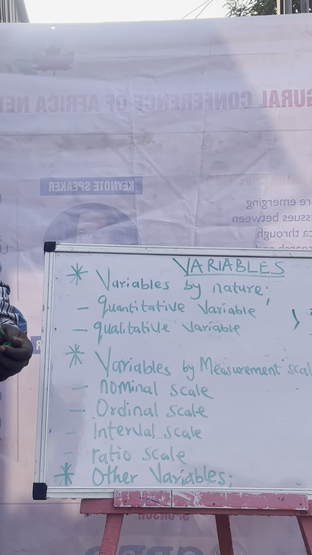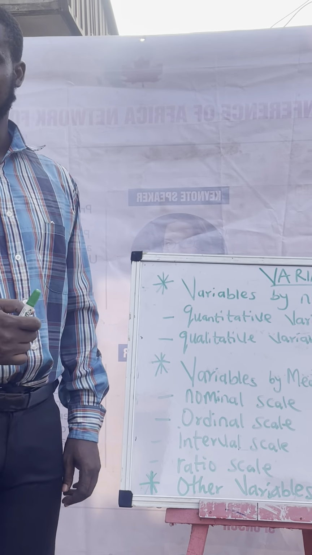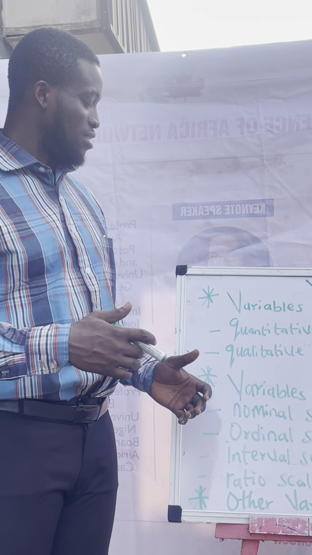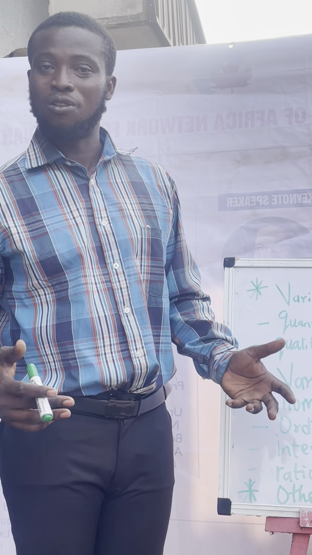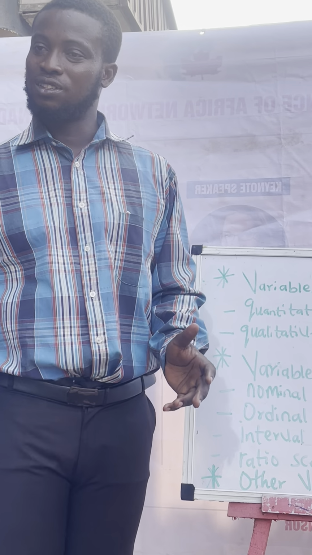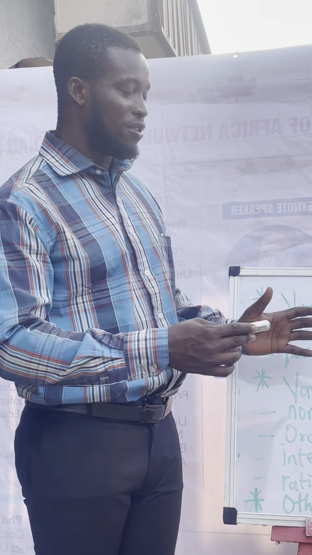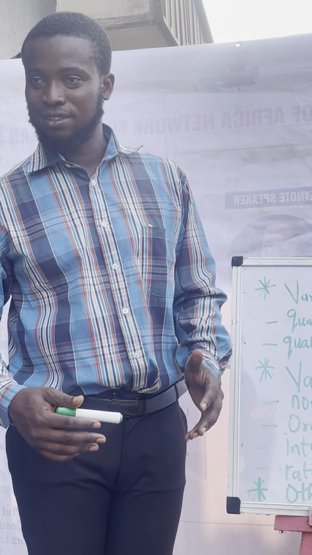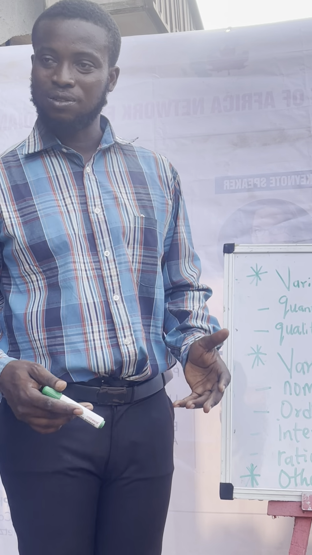Are we there? So there are two types of quantitative variables. We have the interval data or variable, and we have the discrete data or variables. We mean any variable that deals with numerals that have equal intervals or not.